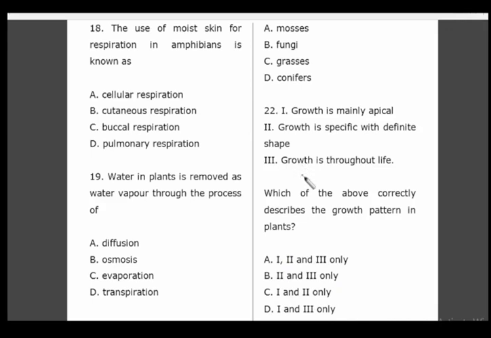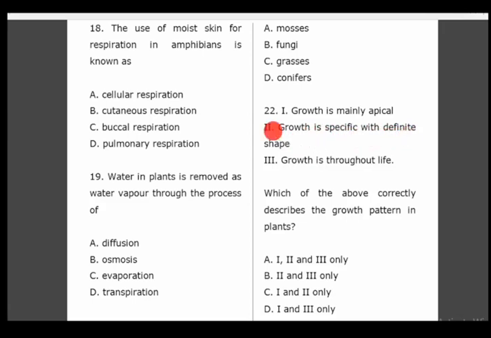Now when we look at plant growth, the growth pattern found in plants, growth is mainly apical. Yes, growth in plants is apical, so that is absolutely correct. Then Roman numeral 2, growth is specific with definite shape. No, growth in plants is not specific and it does not have a definite shape, and that is why plants usually have different types of shapes.